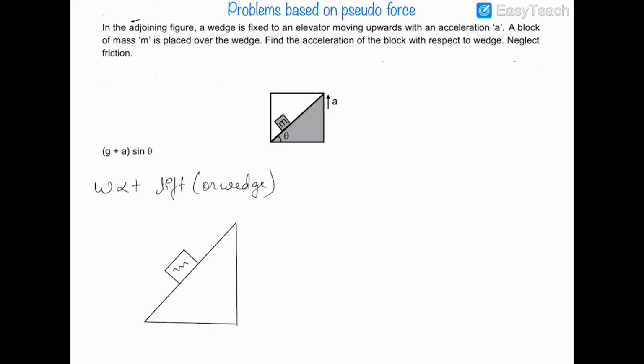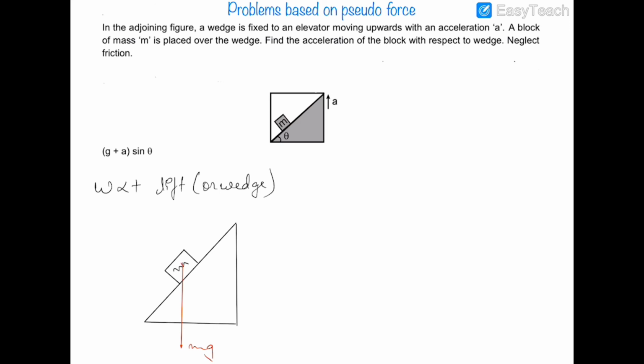So there will be a force mg which will be acting in downward direction. This is mg. Okay, there will be a force, pseudo force ma, which will be acting in the downward direction.